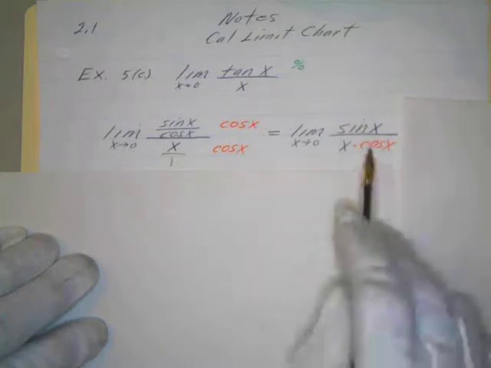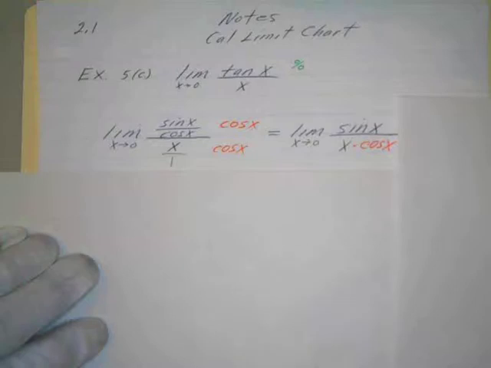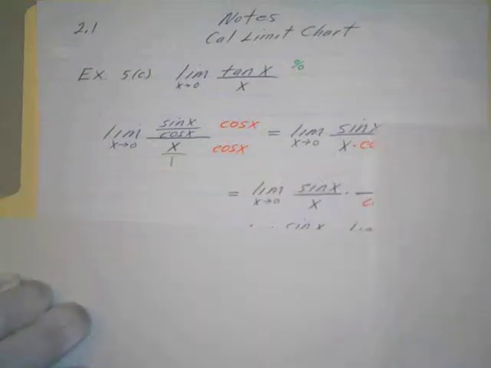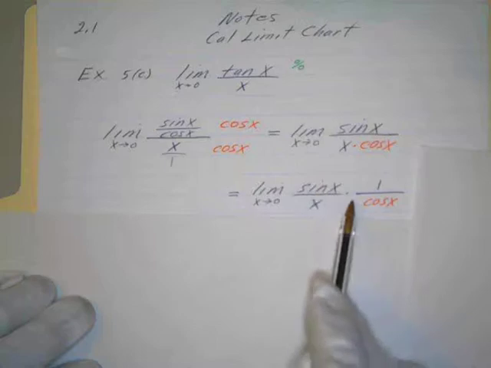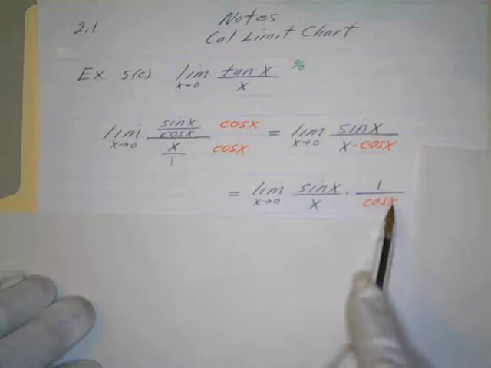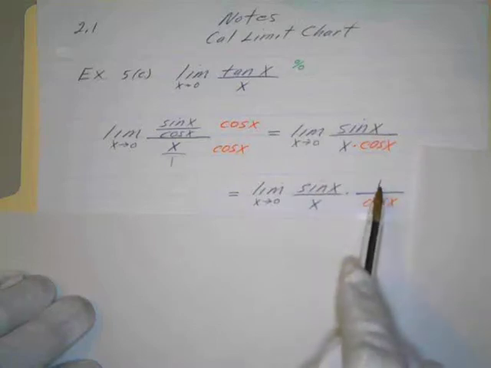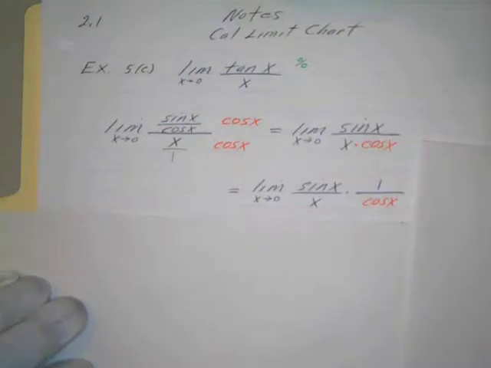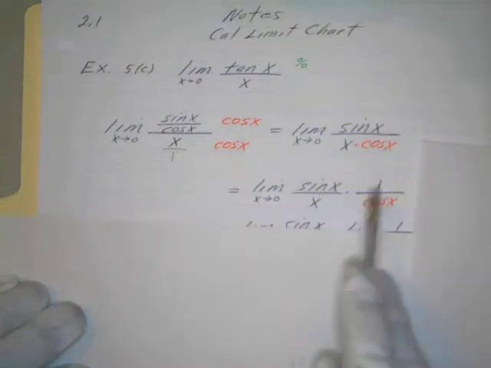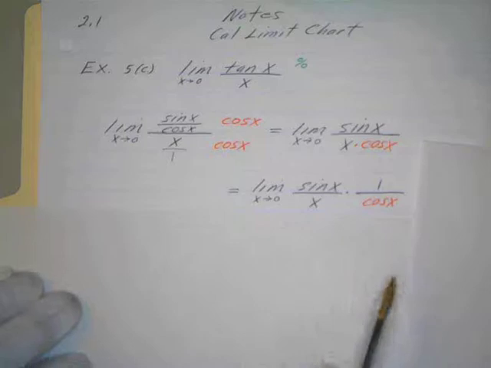So I have to deal with this cosine of x. So what I'll do is I'll break this up into two parts: sine of x over x times 1 over the cosine of x. I had an understood 1 in the numerator, I can put that in. And if you want to check it out, all you have to do is multiply it out. Sine of x times 1 is the sine of x, and I've got x cosine of x.